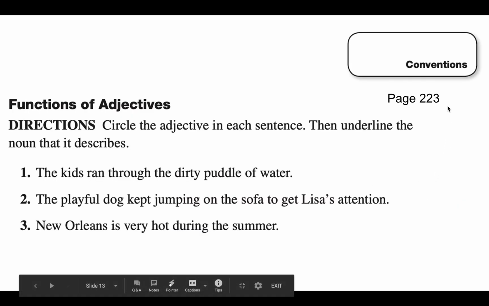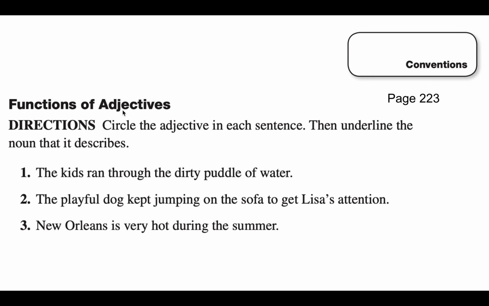So also on page 223, you're going to complete the conventions, functions of adjectives. Directions: circle the adjective in each sentence, then underline the noun that it describes. So for number 1, the kids ran through the dirty puddle of water.